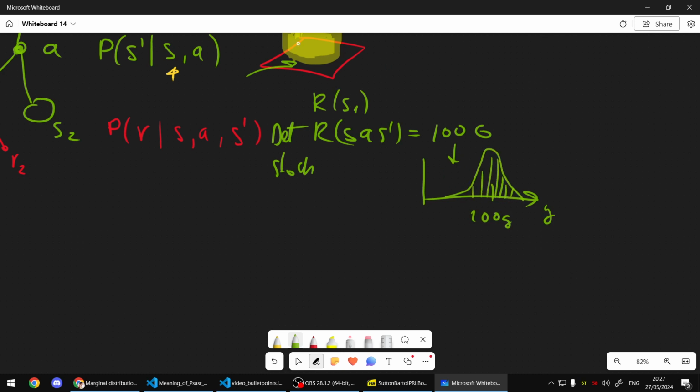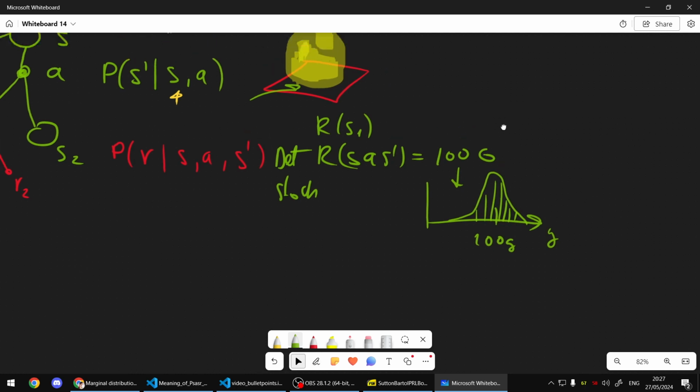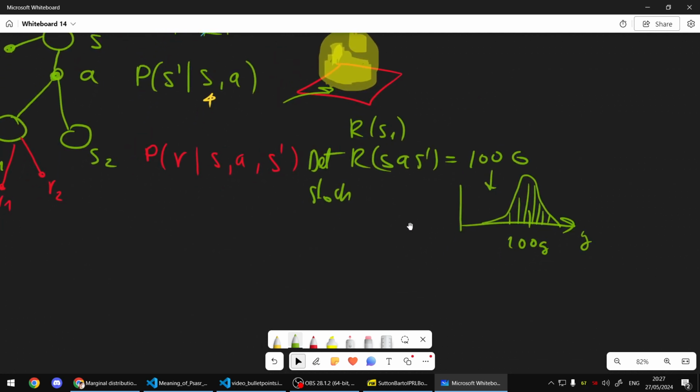A pile of gold doesn't mean all the piles will have 100 golds. There may be different tiles with smaller piles, and these piles also will have some kind of distribution.